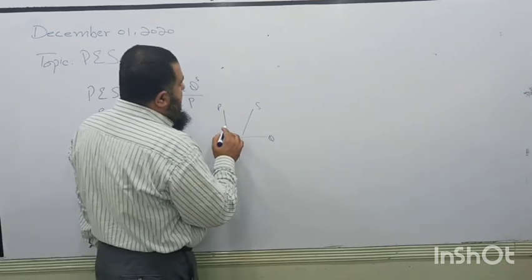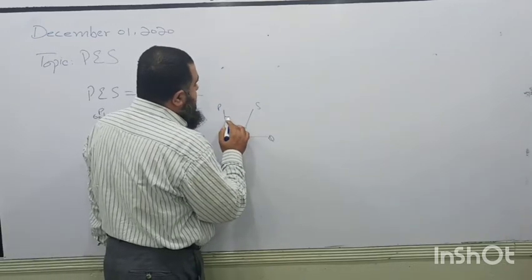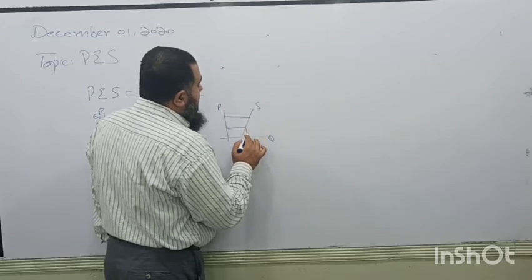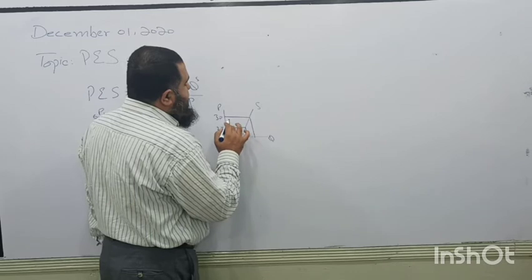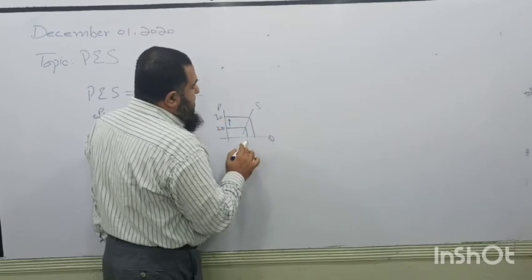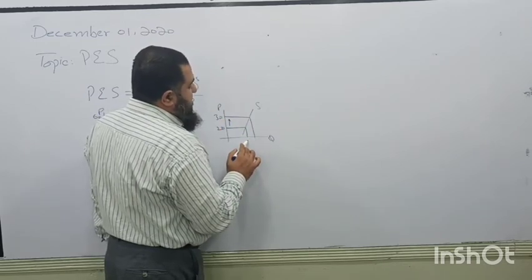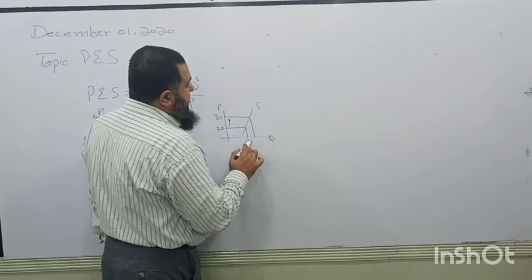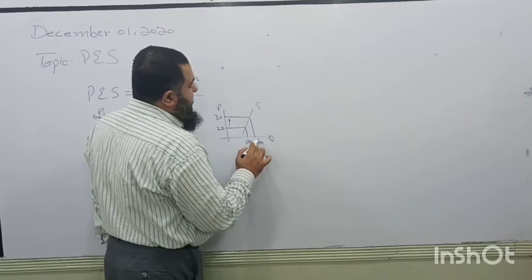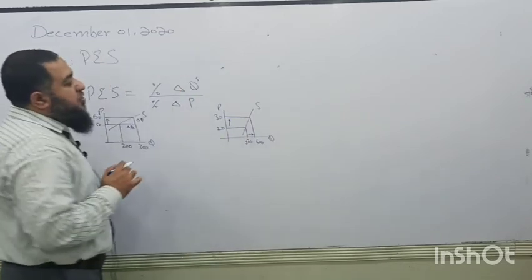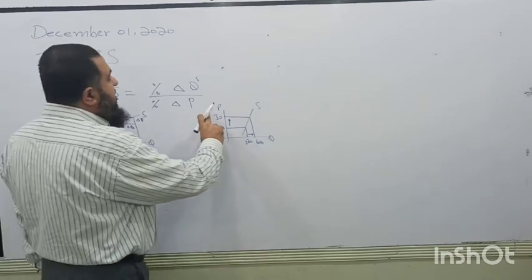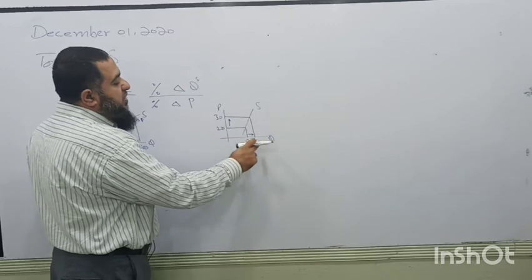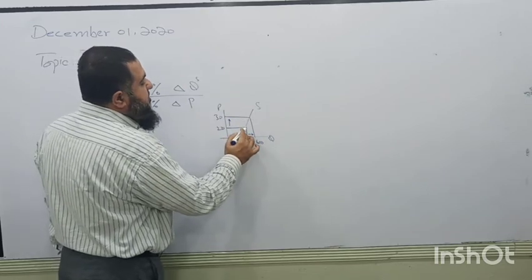And if we look here, price is increasing from 20 to 30, but quantity supplied has increased from 500 to 600. We have to look at it in the percentage form. We are not looking in the form of units, but in the form of percentage.